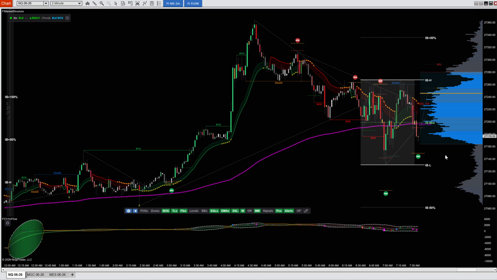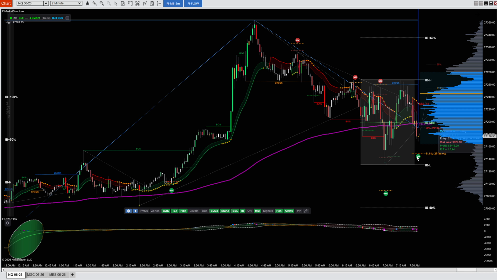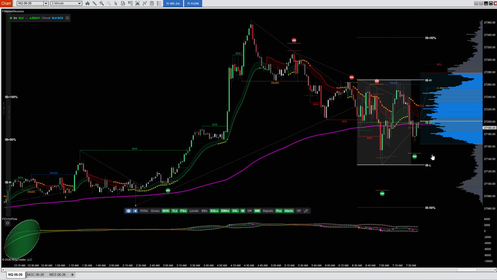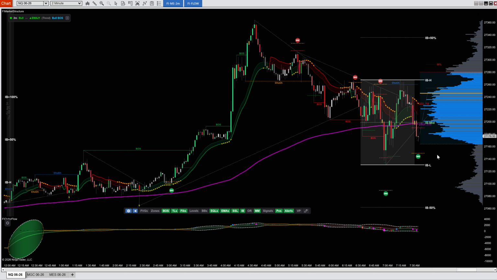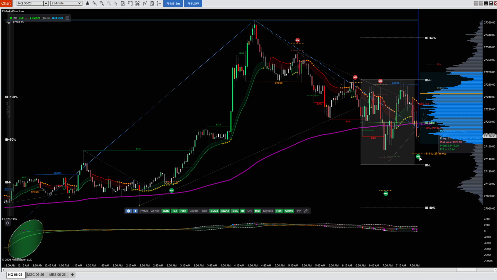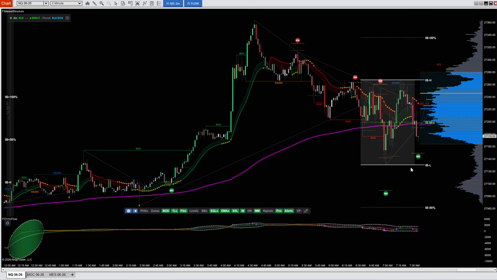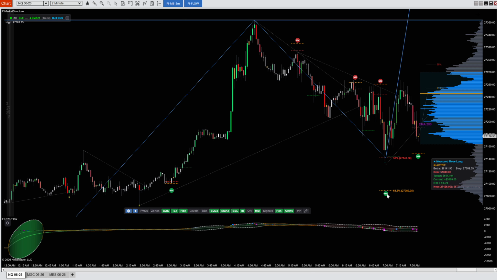Let's look. So at this exact moment, right here, you are at the value area low right here. Okay. We also have a measured move. We have two measured moves saying, hey, and these are on the screen as you're trading here, right?